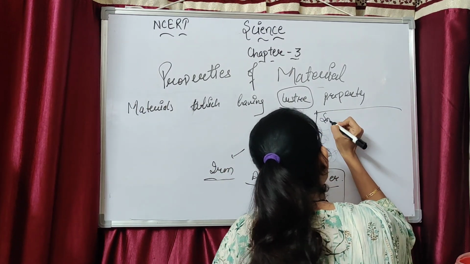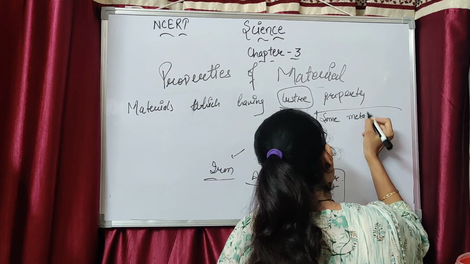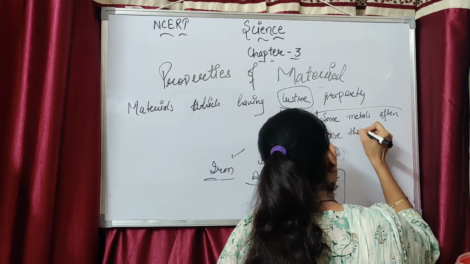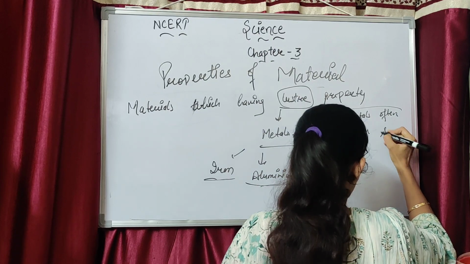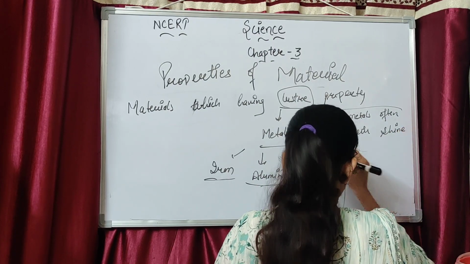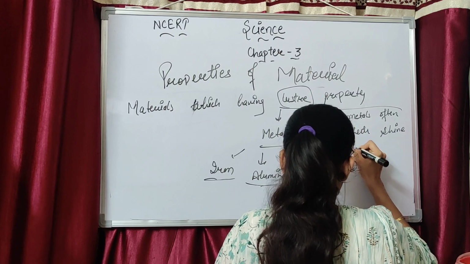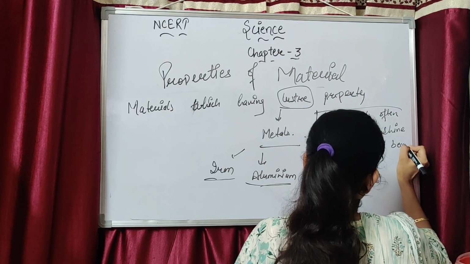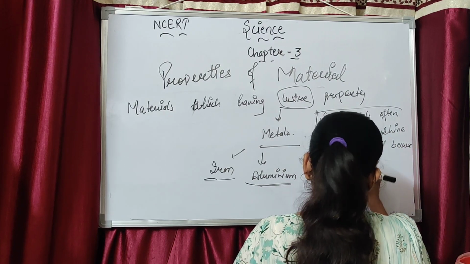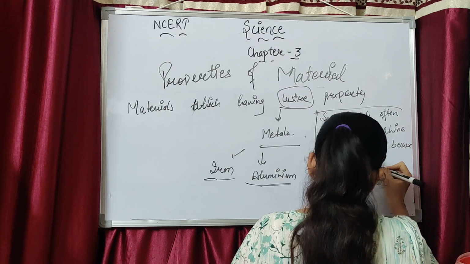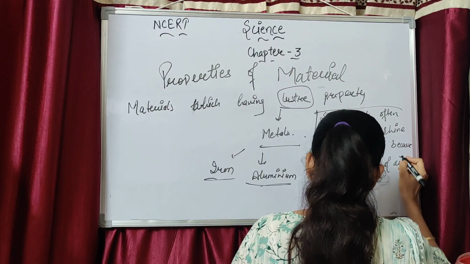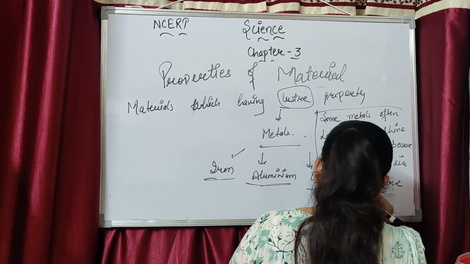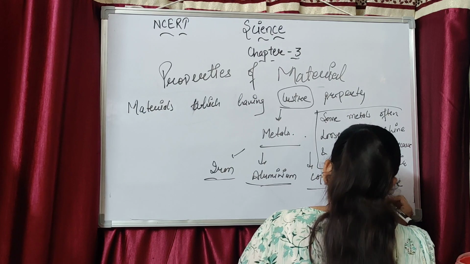Some metals often lose their shine and appear dull because of the action of air and moisture on them.